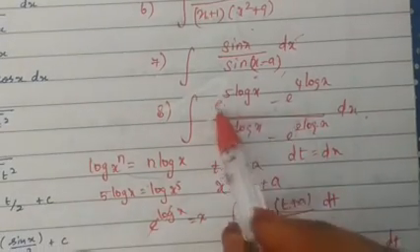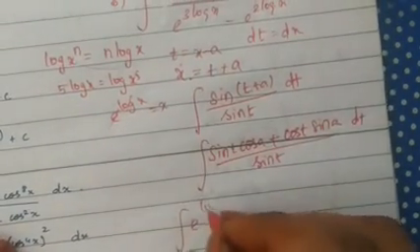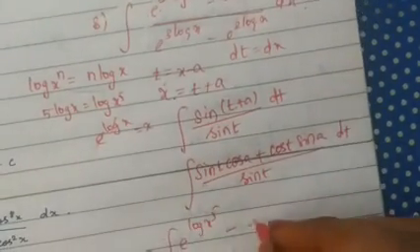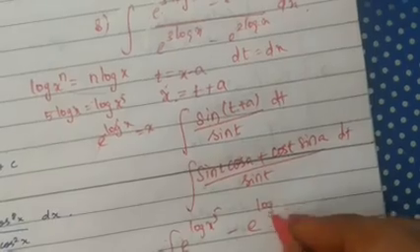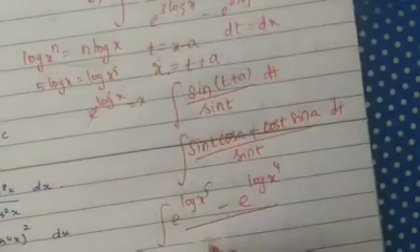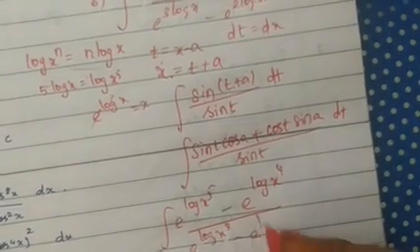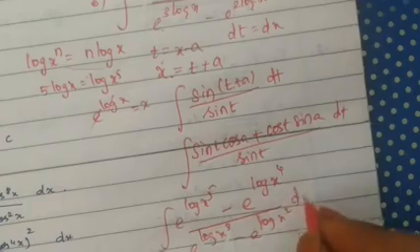So e power 5 log x can be written as e power log x power 5, minus e power 4 log x, which is e power log x power 4, divided by e power log x cubed minus e power log x squared, into dx.